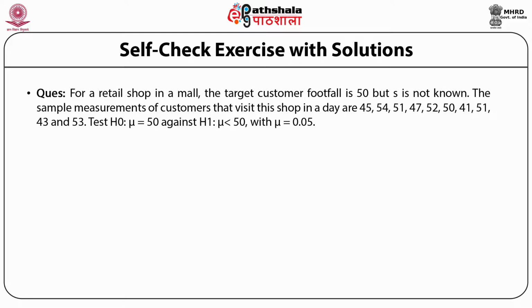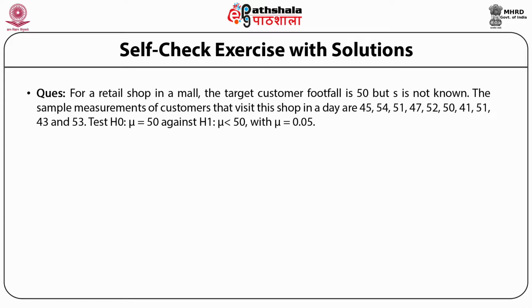It means that in this question, H0 is mu equal to 50. We are assuming that on average, 50 people visit this retail shop, and this is our null hypothesis. Since we are talking only about the people visiting this retail shop, we can say that this is a single sample or single population t-test.